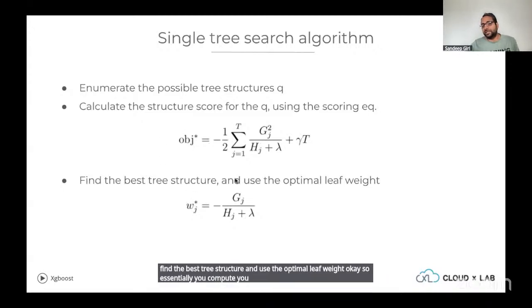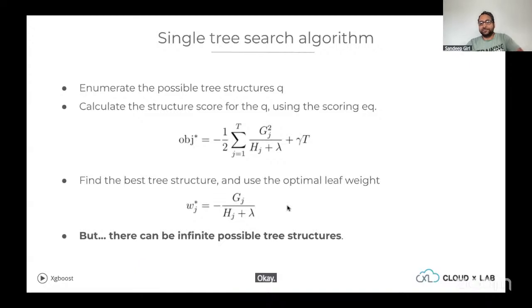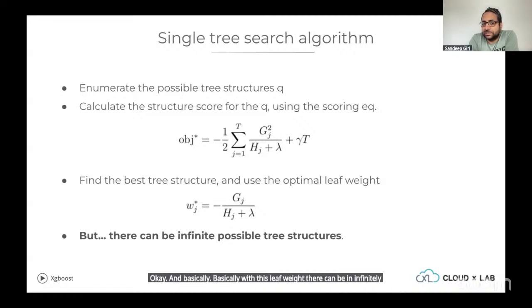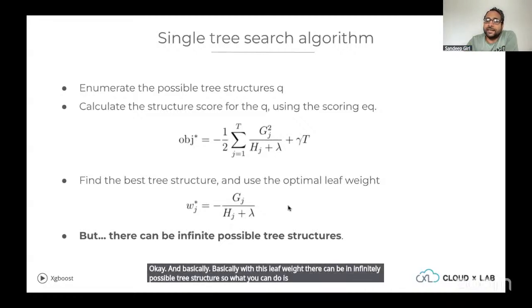You take this objective function, we know that this is the optimum leaf weight. But with this leaf weight, there can be infinitely many possible tree structures. So what you can do is you start at the top.